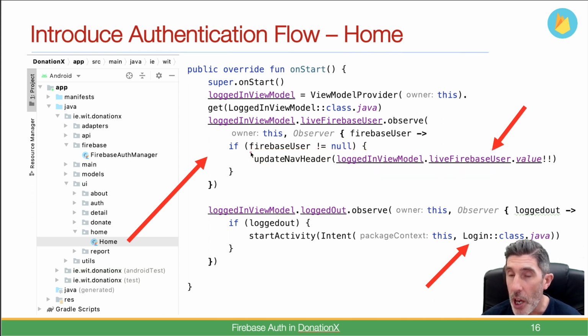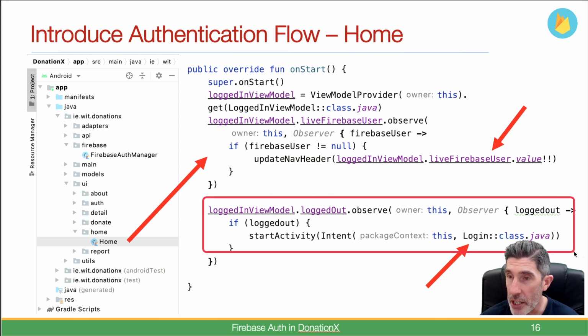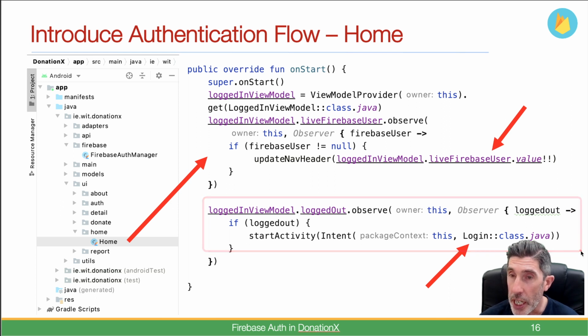Now at the moment, all this will do is set up and assign the email in the nav header, but later on we will do a little bit more with it. For the moment, that's all we're doing in this version of the application, and I'll show you what it looks like on the next screen. We also have our logged out, just keeping track to make sure that if the user does sign out, our logged out mutable live data changes and updates to a true property.